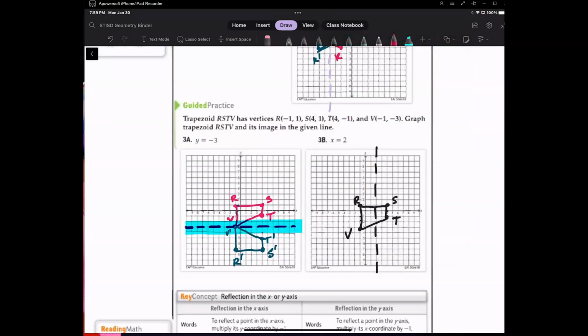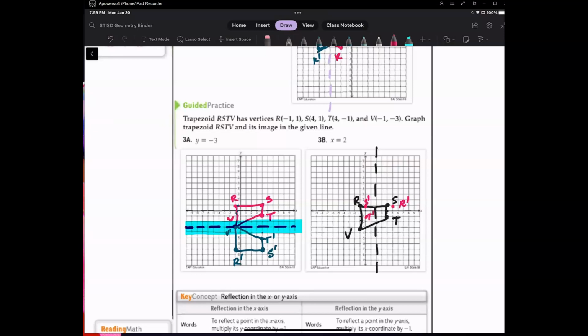Okay, so I've graphed RSVT. Now the line is vertical. I know S is 2 units away from the line, so it's going to be right here. This is S prime. This is 1, 2, 3, 1, 2, 3. So this is R prime. T is 1, 2, so it's right here. So that's T prime.